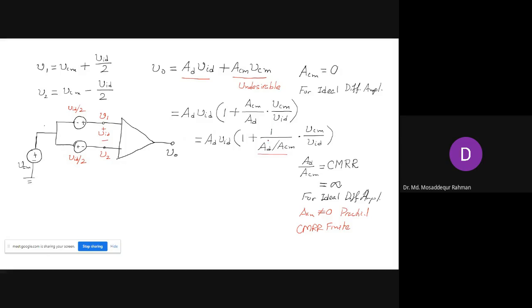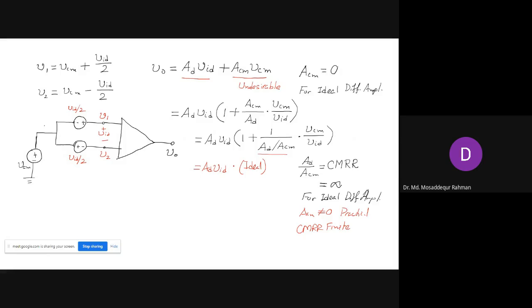Infinite means this becomes zero. And then if this becomes zero, the output becomes ADVID, right? So that is the ideal situation. In the ideal situation, the differential amplifier is 100% effective in rejecting the common mode voltage, and you get the output due to only the differential input.